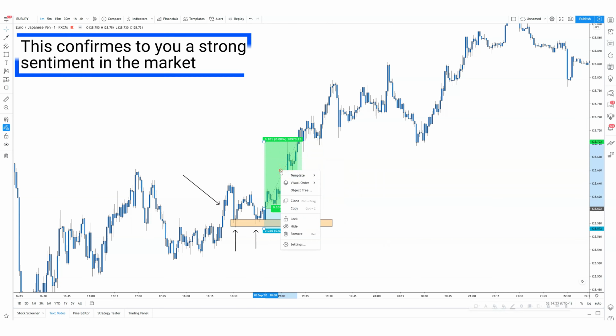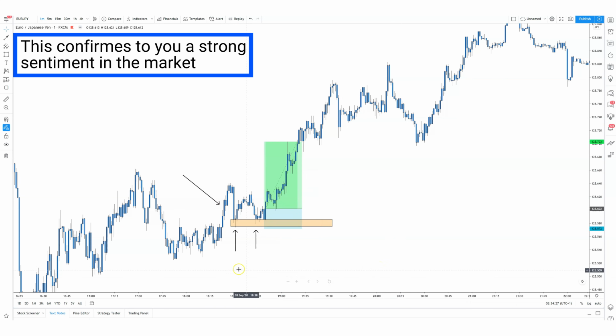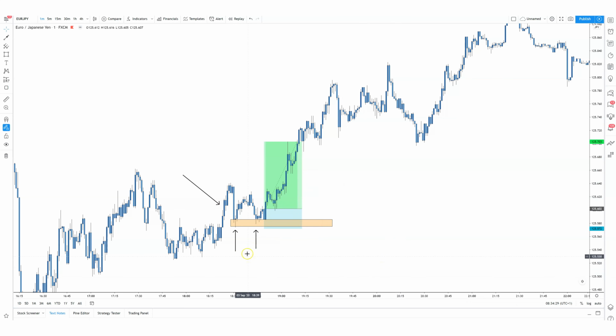And what this does is confirm to you a strong sentiment in the market. In this case, bullish sentiment: a level was created, a respect of that level, and then a stop order or a bullish engulfing or a pin bar illustrating bearish pressure, depletion in that bearish pressure, going back to a bullish sentiment, and then looking for that continuation.